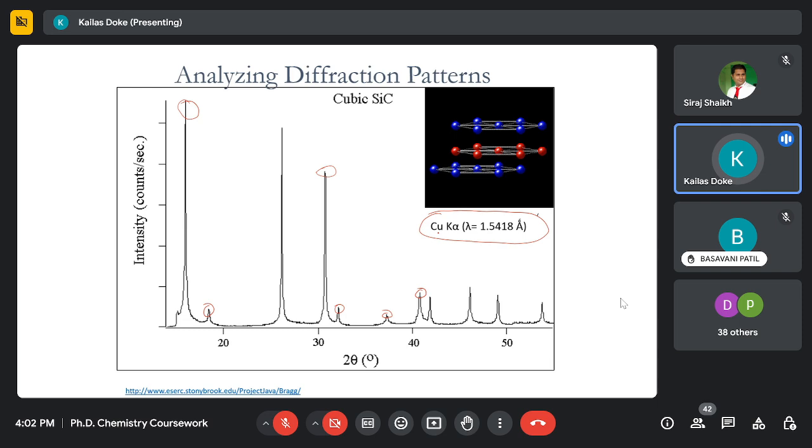Copper K alpha line or magnesium K alpha line is given, which means that this is a source of X-ray, which is useful for analyzing the diffraction pattern.